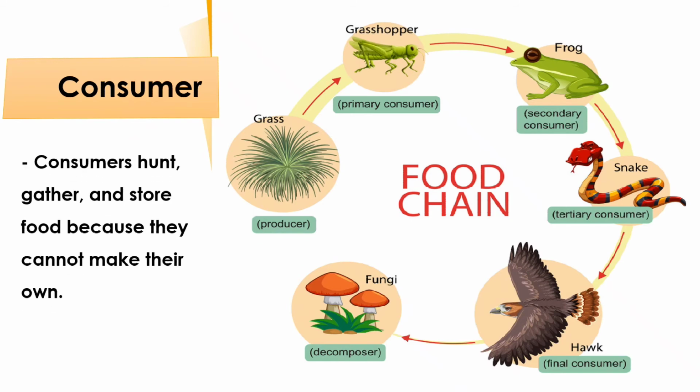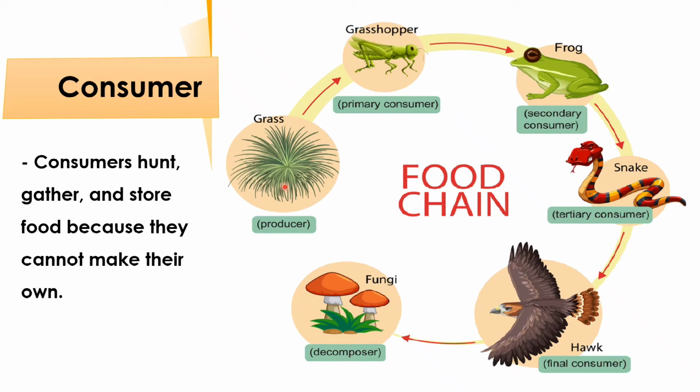When we say consumer, they hunt, they gather, and they store food because they cannot make their own food, unlike the producer, which makes its own food with the help of sunlight. So consumers are very dependent on the producer, because the producer is what the consumer eats.